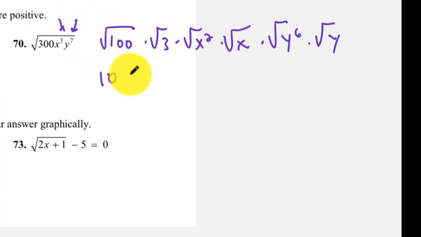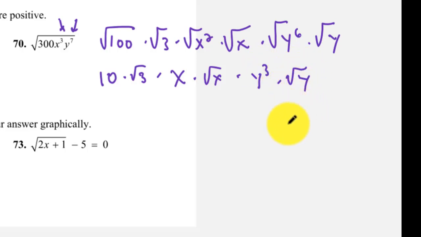So the square root of 100 is 10. The square root of 3 is just the square root of 3. Can't do anything with that. Square root of x squared is x. Square root of x is square root of x. Square root of y to the 6th is y cubed. And the square root of y, we can't do anything with it. So let's put everything together. The 10 goes here.